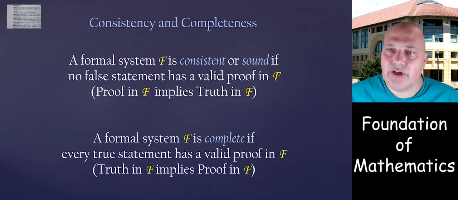Finally, what we want here, and it will seal the deal and create our impossibilities, is that a formal system F is complete if every true statement has a valid proof in F. So truth in F implies a proof in F. And in fact, we would have loved to have that.